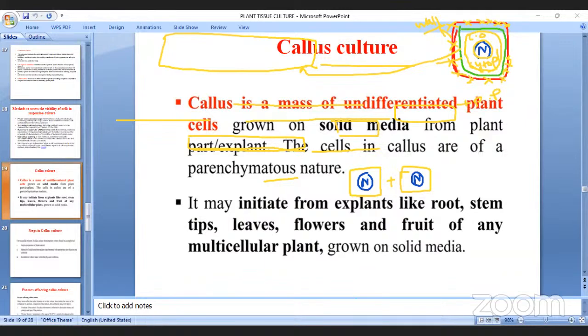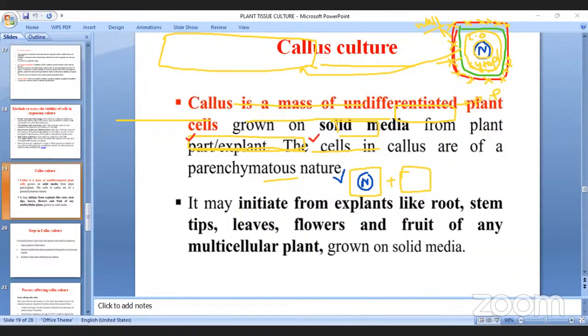This is called somatic hybridization. But in hybridization, one is common, the protoplast as it is, but the other one is only cytoplasm, with no nucleus. So that is called hybridization. Clear? So that is protoplast culture or somatic hybridization.